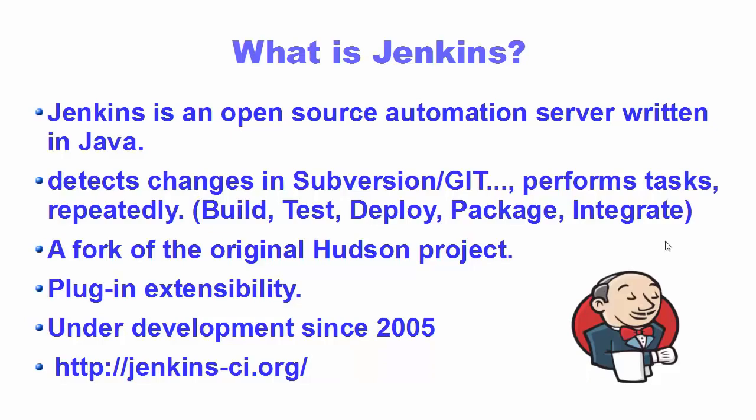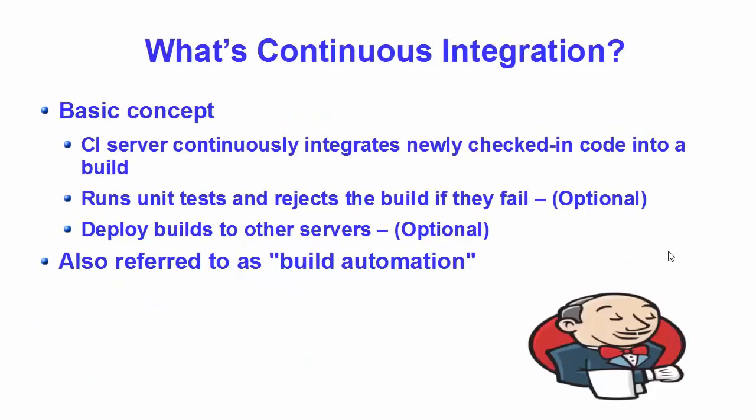Now before diving deep into Jenkins, we need to understand what CI, or continuous integration, is. The basic concept of CI is that a CI server continuously integrates newly checked-in code into a build, which we have already discussed. So Jenkins detects those changes using the version control system and performs some tasks on them, for example building, testing, integration testing, or deploying those builds and so on.